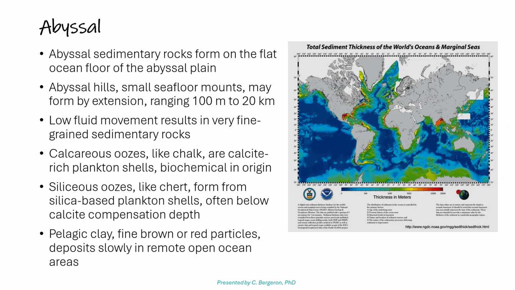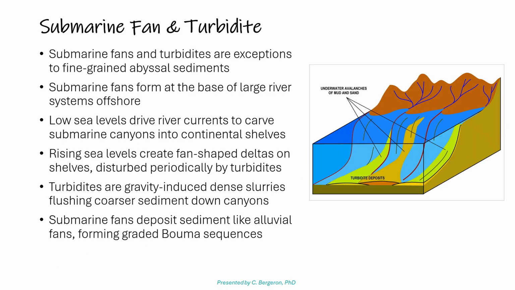So you can kind of think of them as like ripples on the ocean floor. But basically, the sedimentary rocks that form here are going to be very fine-grained rocks. So think shales.